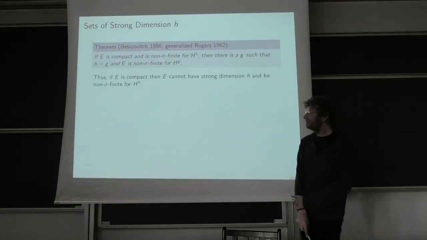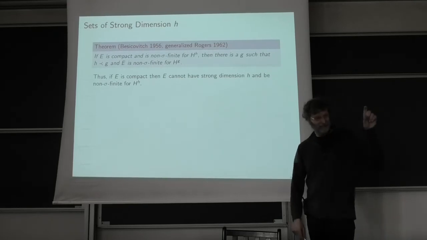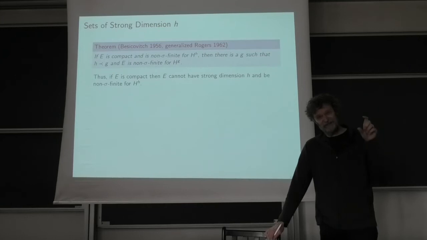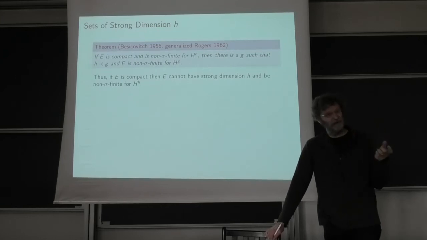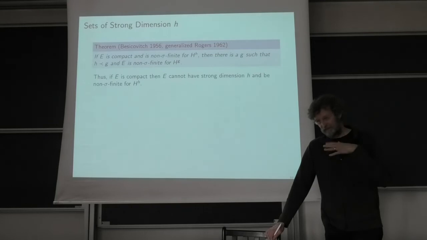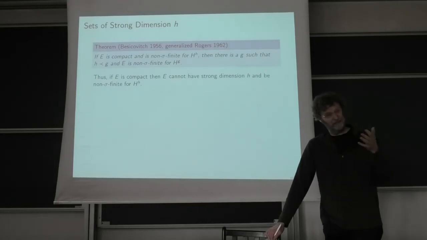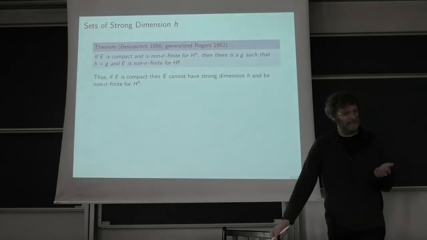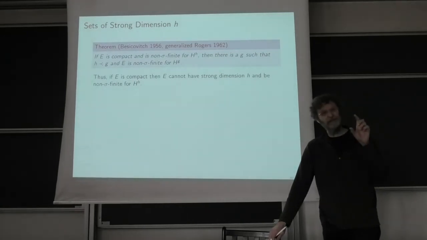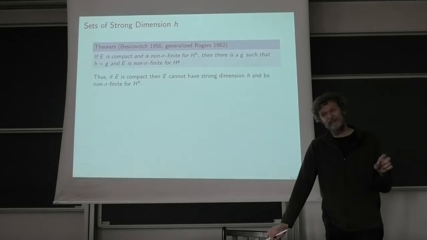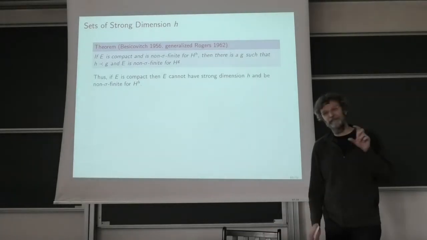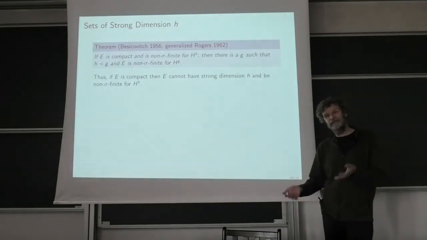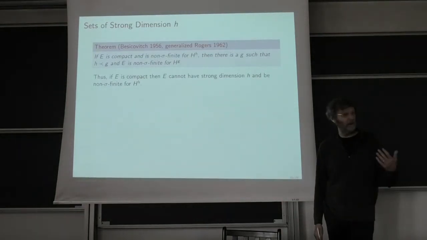Now we're going to look again at how this notion of dimension works on arbitrary sets, and there's a theorem from the 50s that says that for concretely specified sets, these notions of dimension, capacitability, the existence of a strong dimension, and so forth, behave well.